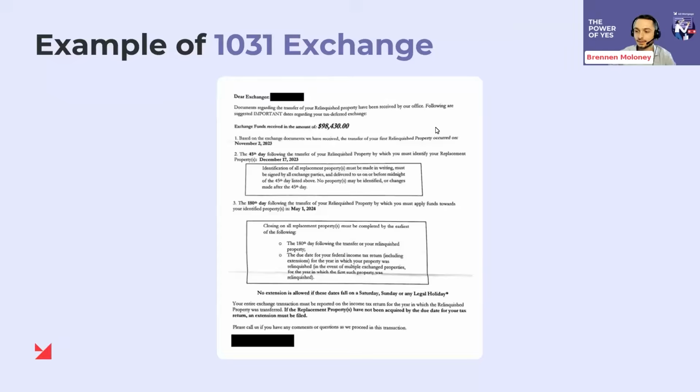Yep. So basically, the idea is that the value of the properties that you identify, and again, it allows investors to identify. So this is actually different, and I could clarify it. I'm going to be very honest, I'm flying by the seat of my pants here, but the 200% rule says that they can actually identify more than 3 properties as long as the aggregate value of those properties is not more than 200% of what you sold the previous property for.